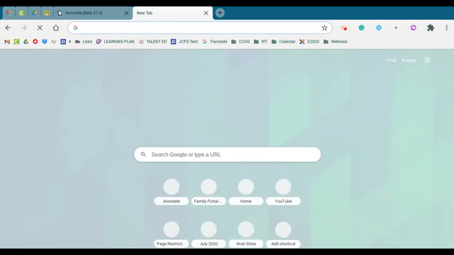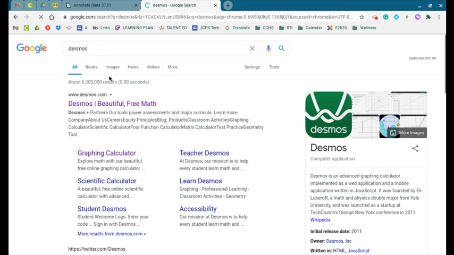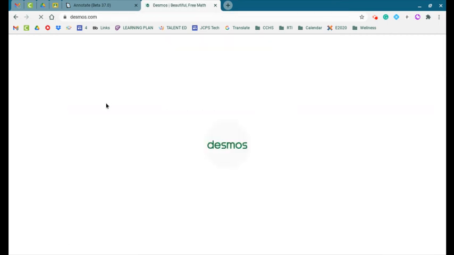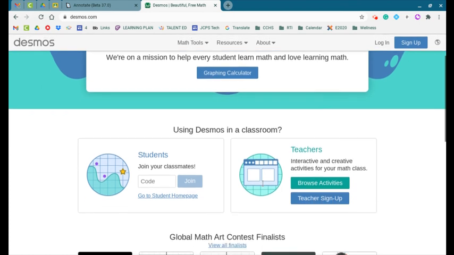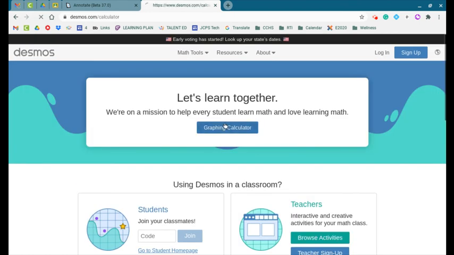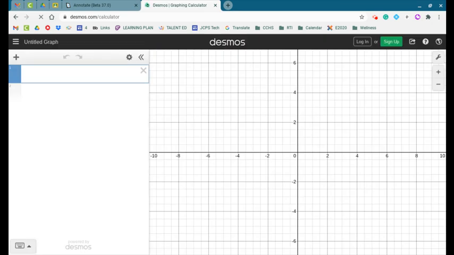Let's look at what it would look like if we were to do it on Desmos. So let's type in that last one we did.